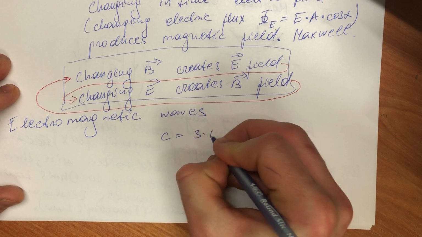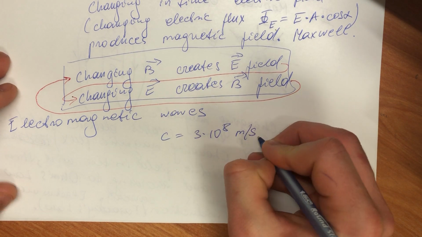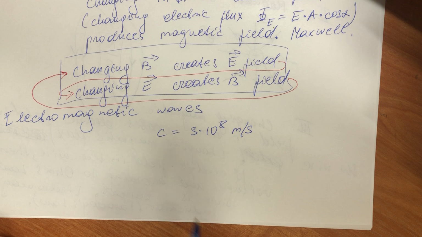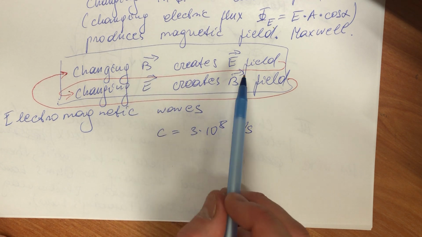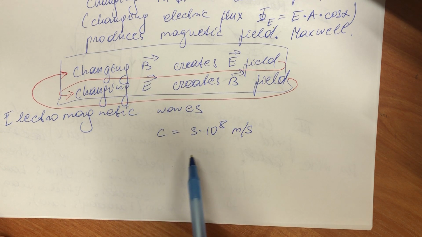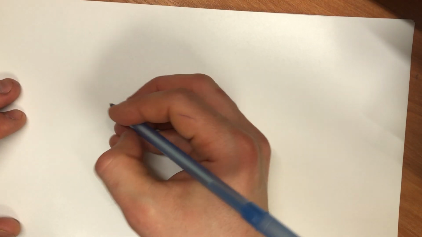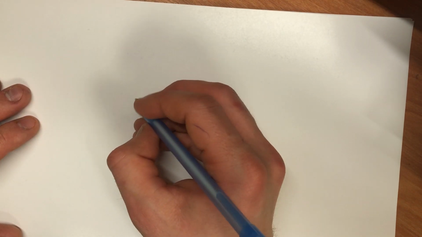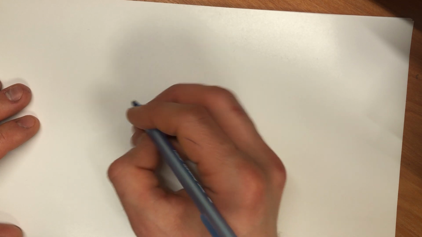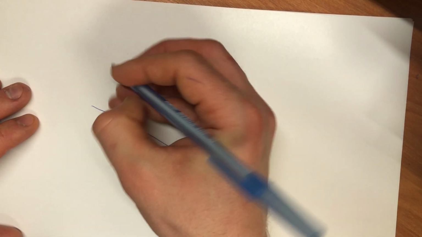Speed of light is 3 times 10 to the 8 meters per second. These electromagnetic waves consist of changing magnetic field and electric field, and we can show them as two perpendicular vectors.